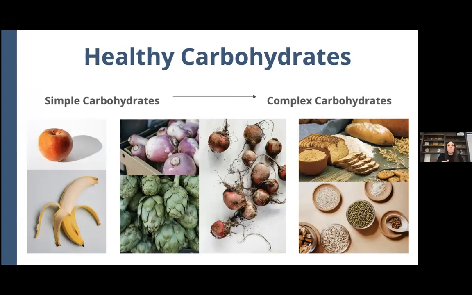And as those chains get more and more complex, they form more of our starchy vegetables like beets and turnips and artichokes and asparagus. Then you also have our whole grains like peas and lentils and legumes, which are even longer and more complex chains of carbohydrates. All of those are carbohydrates, and they're all very healthy and very important for our diet and our food plan.